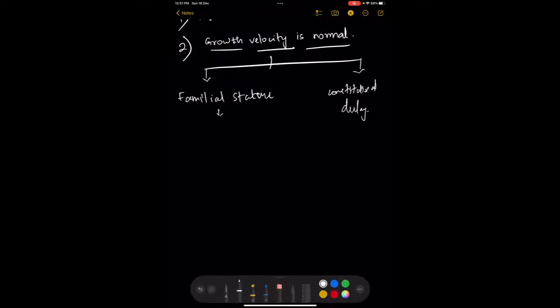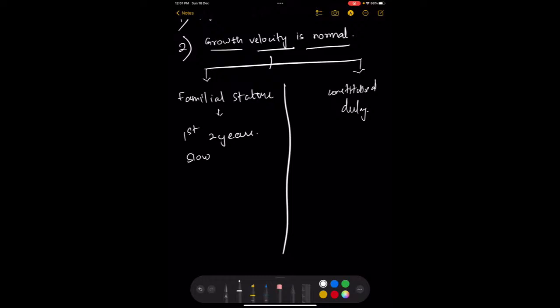First, we will check familial stature. You all know that in the first 2 years the growth velocity is higher, and after this period the growth slows down.